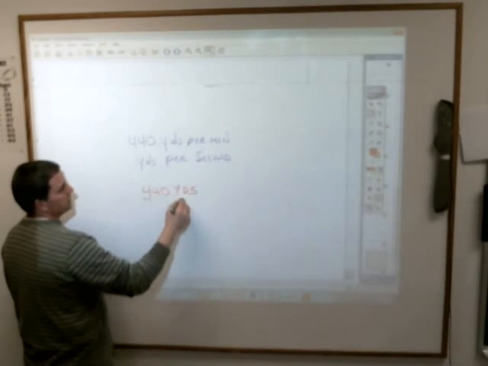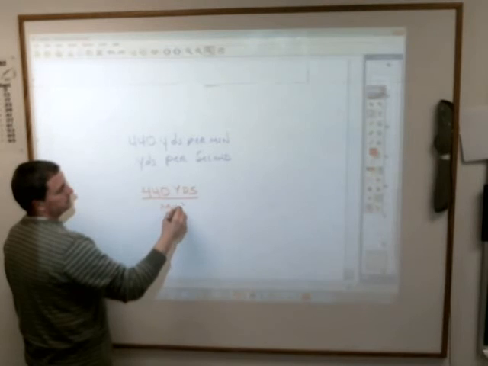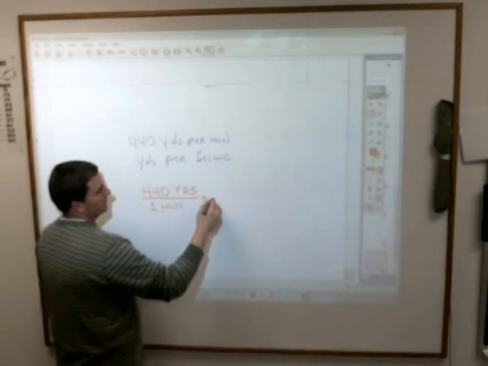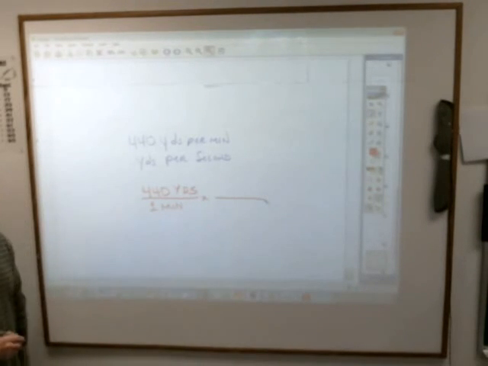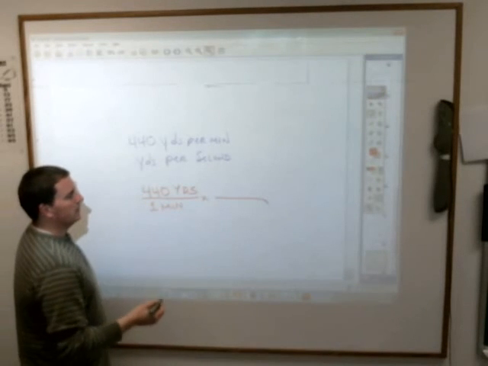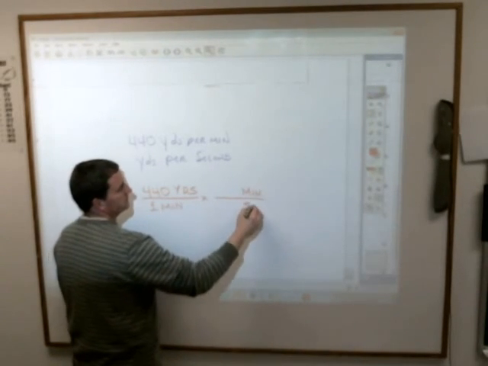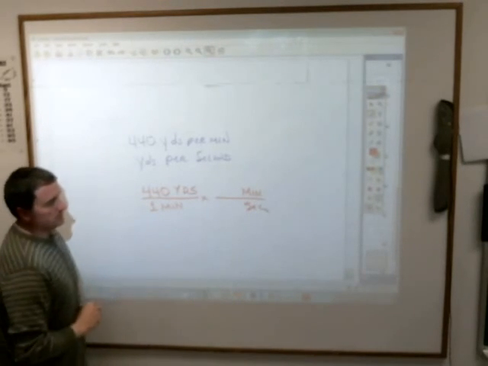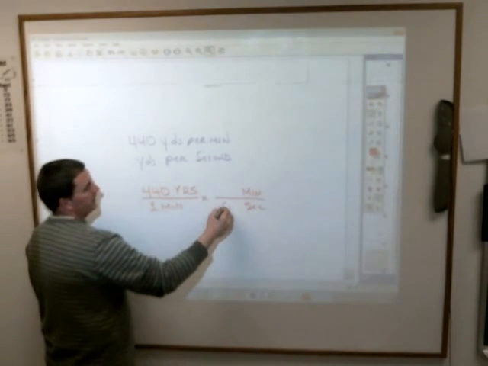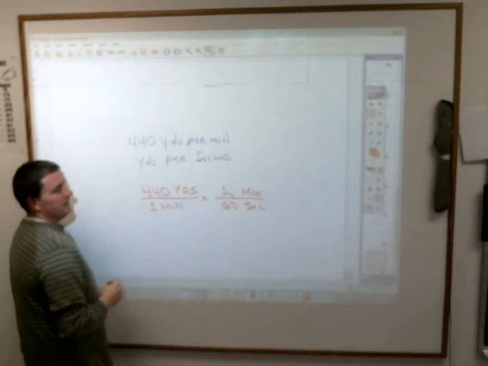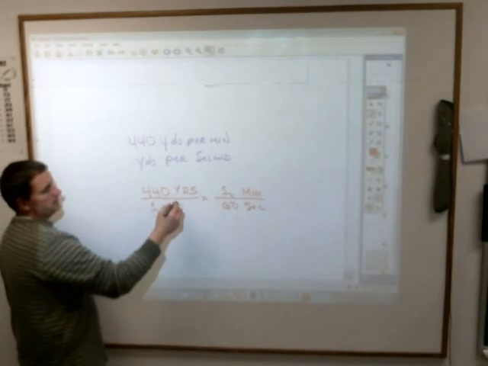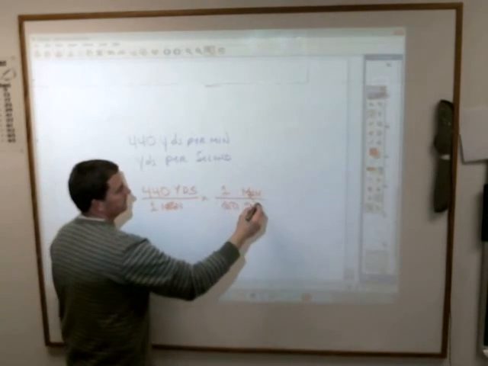440 yards per minute. Again, what are we trying to cross off? Cross off the minutes. There are 60 seconds in a minute. Minutes cross off.